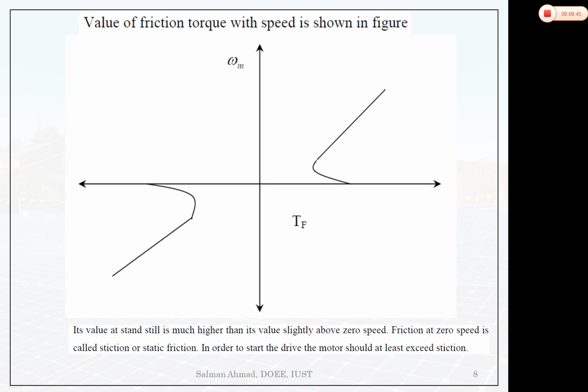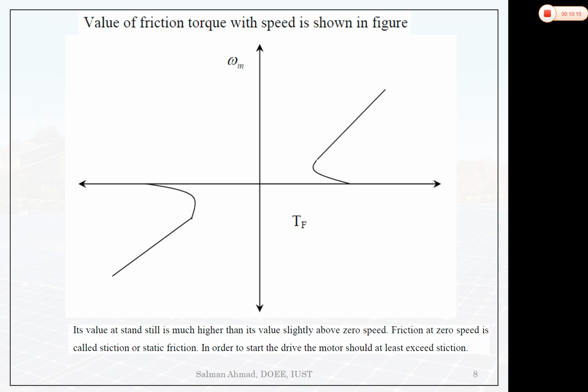So the combined friction torque will look like this. Friction has three components: static friction, Coulomb friction, and viscous friction. If we combine these three frictions together, we get the net friction torque like this. One thing you should notice here is that speed is always taken on the y-axis and torque is always taken on the x-axis. This is the convention that I will use throughout this drive course.